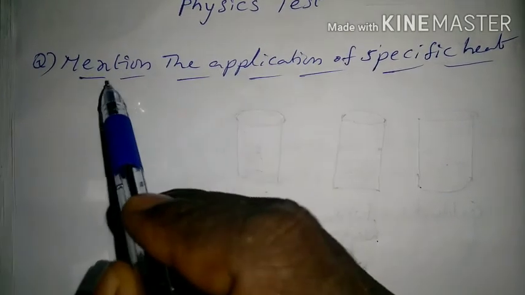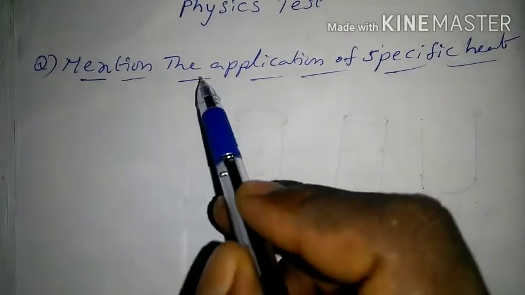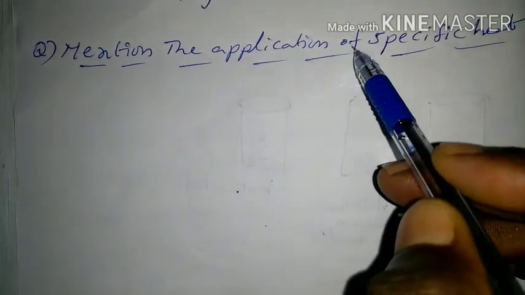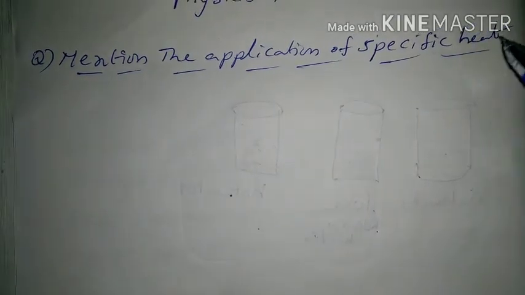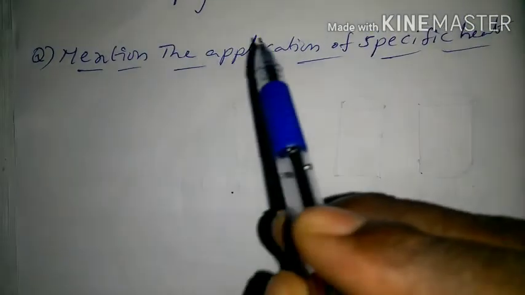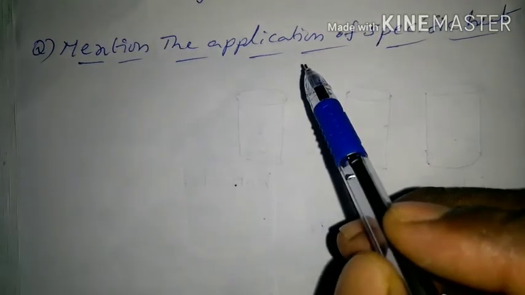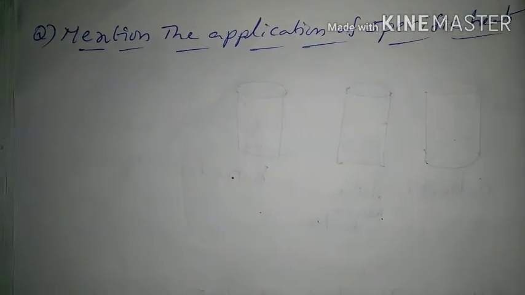Question: mention the applications of specific heat. First point: the sun delivers a large amount of energy to the earth daily.